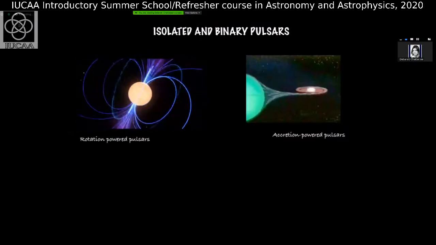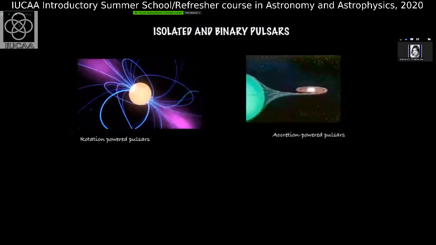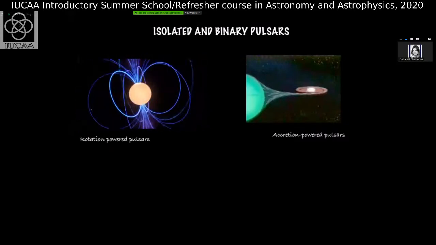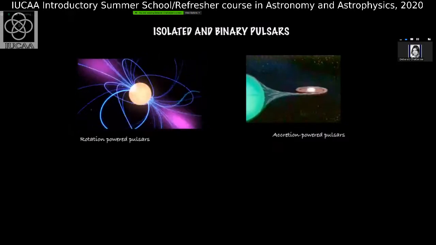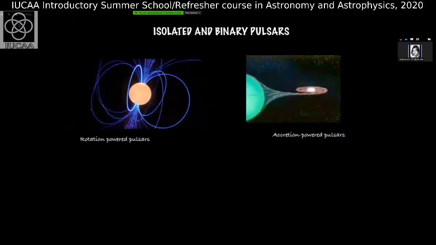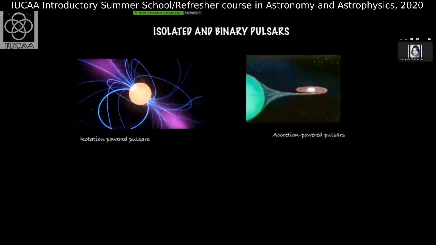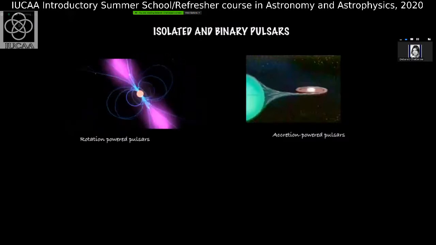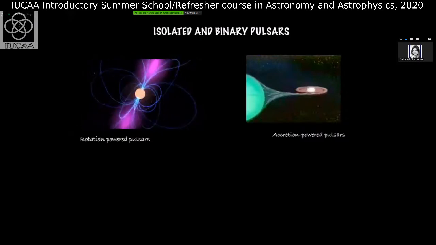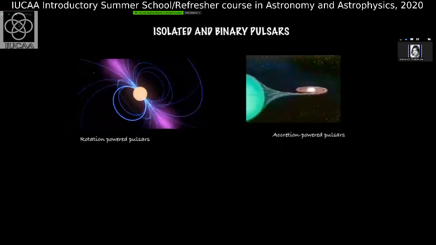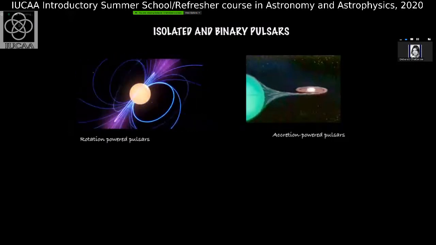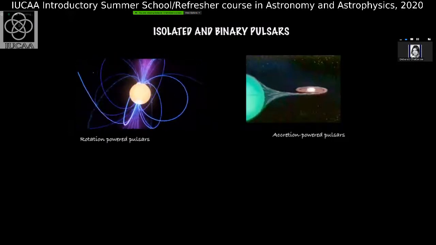In such cases, the pulsars are actually spinning down due to electromagnetic radiation. Here we assume that it is a dipole kind of magnetic field. On the other hand, the accretion-powered pulsars are the pulsars which are in binary. In this case, the pulsar can suck up material from a companion star, which falls, forming an accretion disk onto the pulsar.